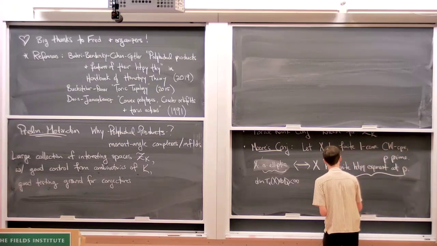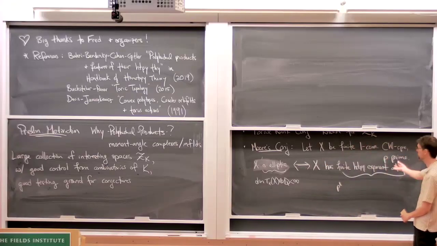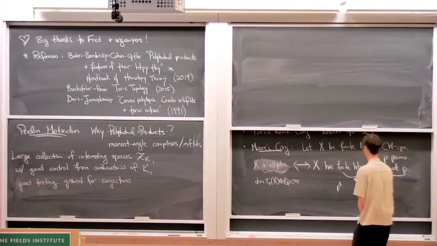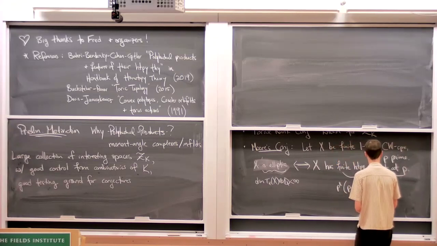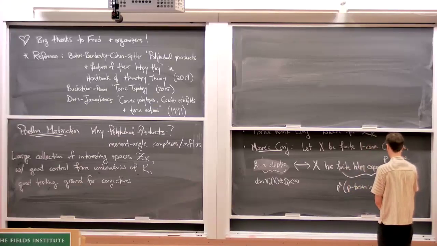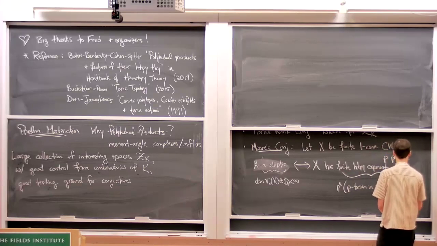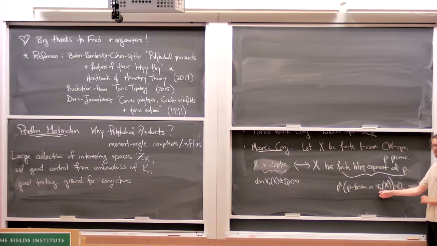This means that some fixed power of p kills all of the p-torsion showing up in the homotopy groups. So p to the k annihilates the p-torsion in pi star of X. Right, so of course for any particular homotopy group, there's such a k because these are just finitely generated abelian groups.